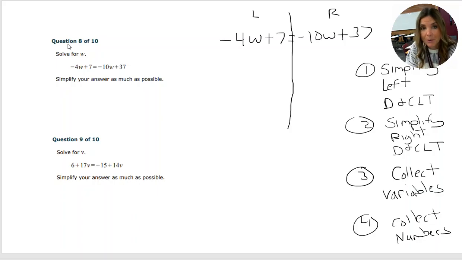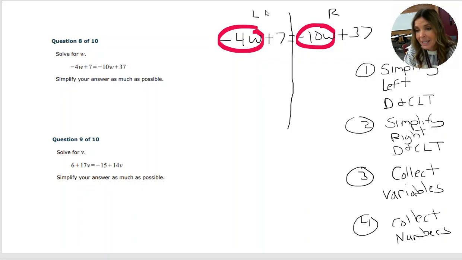On the right side I have a negative 10w, and on the left side I have a negative 4w. I think it's good practice to always collect your variable terms on the left, so that you can follow the exact same process every time, and then collect your number terms on the right.